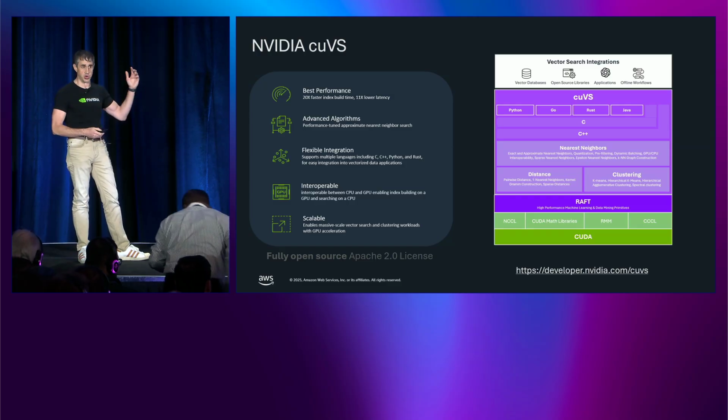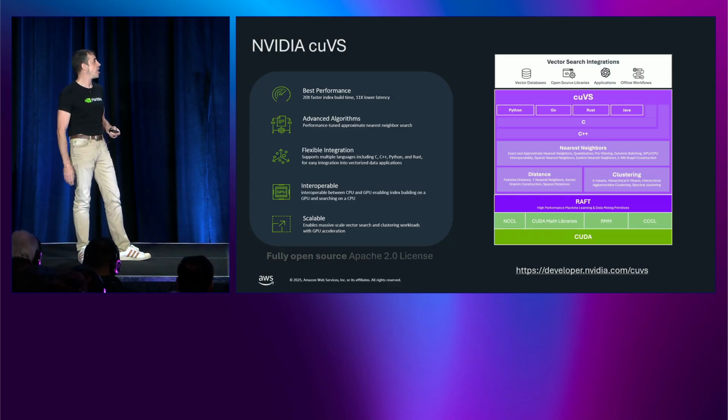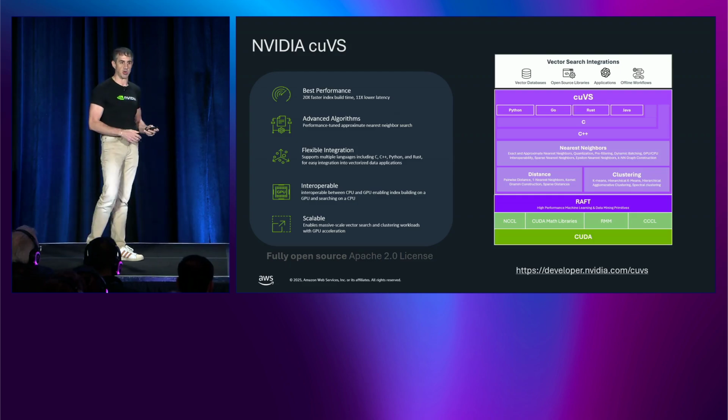And so it's fully open source. It's Apache 2 licensed. The goal is to provide both the building blocks and end-to-end algorithms, so again, it can be used in applications, but also integrated into databases. We build on top of all the foundational libraries that you would probably be used to if you were doing CUDA development.